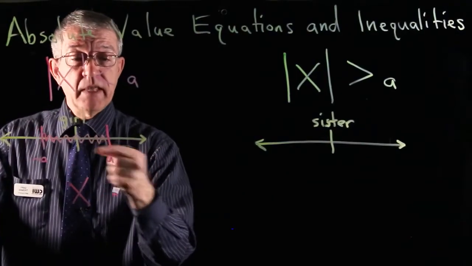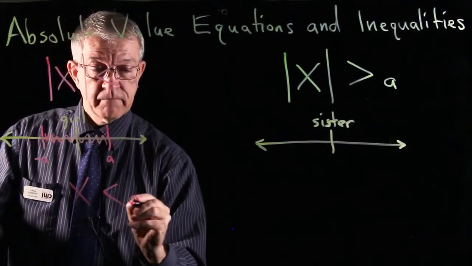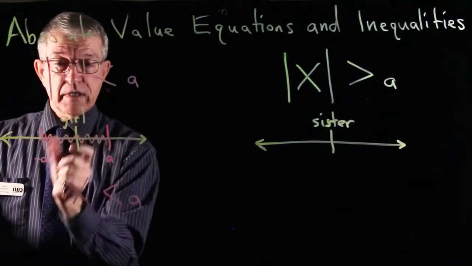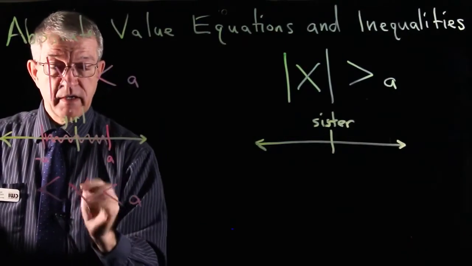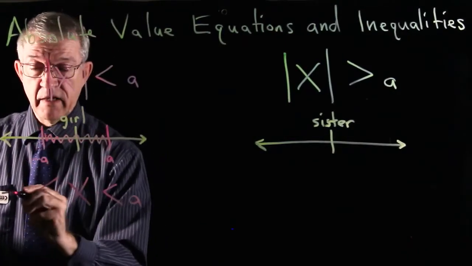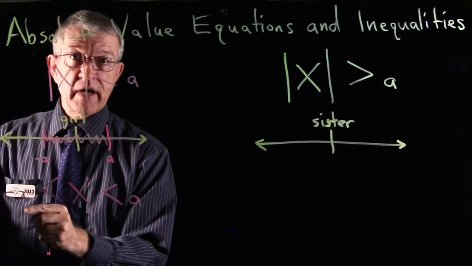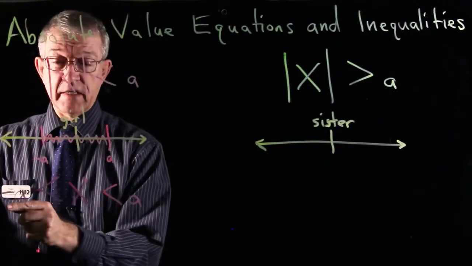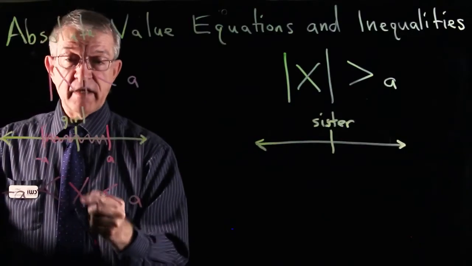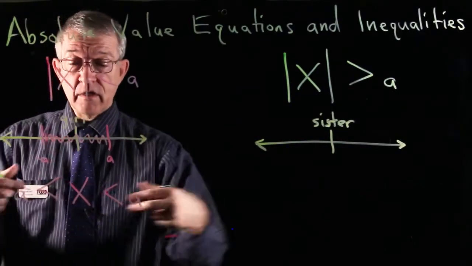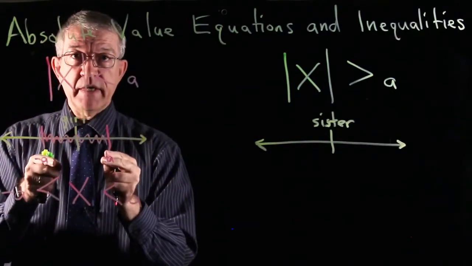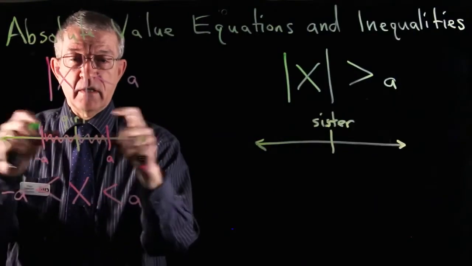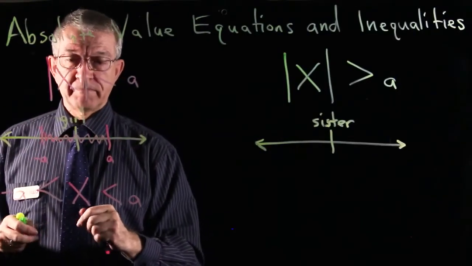So the girl can be less than A, or the girl can be greater than -A. The girl is greater than -A is the same thing as saying -A is less than the girl. And so here's the girl between these two boundaries of comfort that the boy sets for himself.